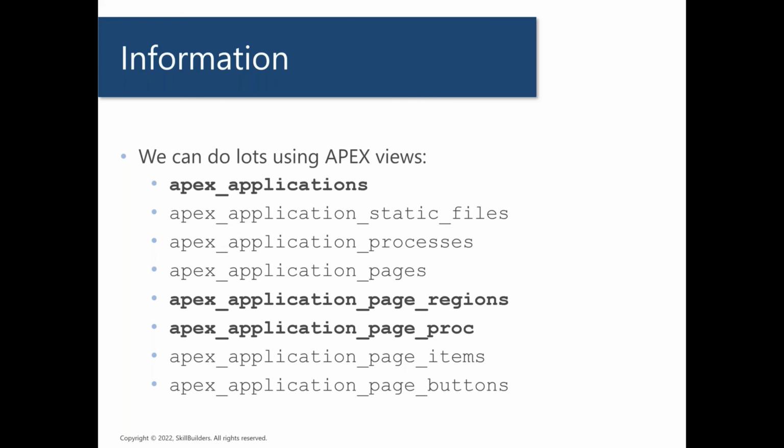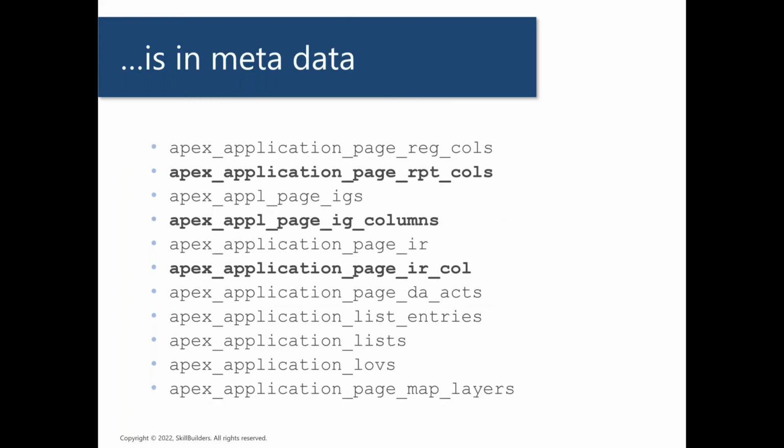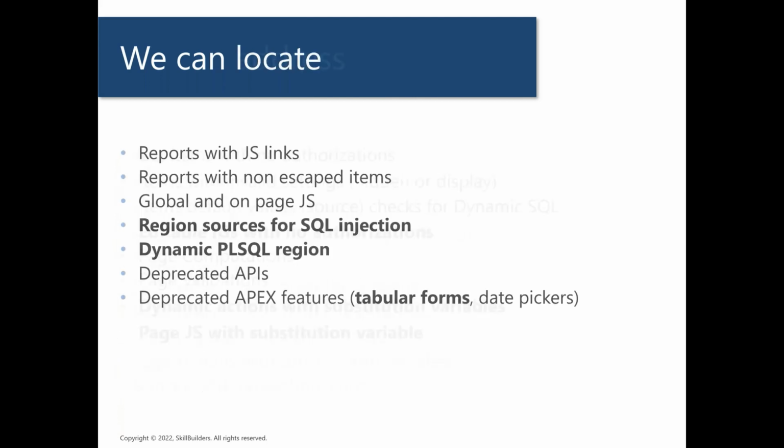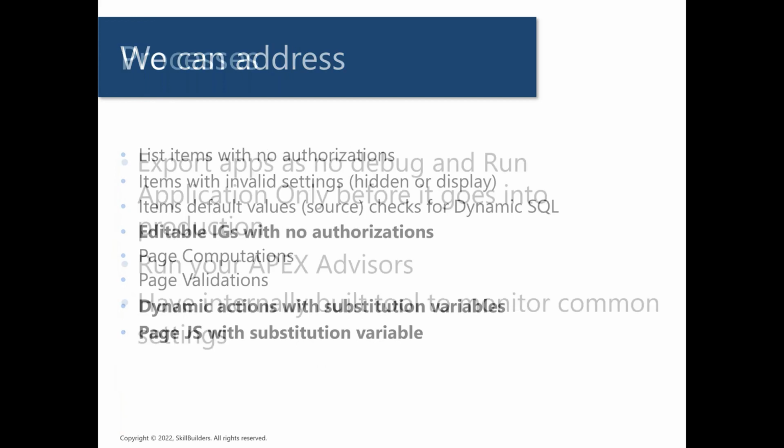There are so many views. All there is to do is play with them a little bit, learn what you're after, and find where it's sitting. I've listed the most important ones here, and I also listed what you're looking for in these views and can easily find. Let me just go through it for the sake of time.